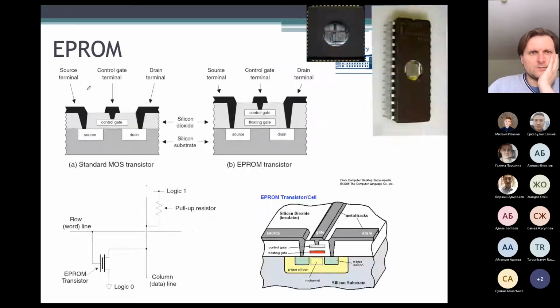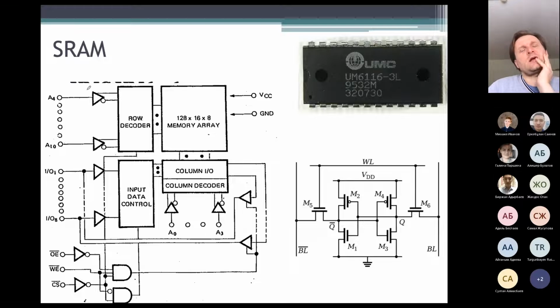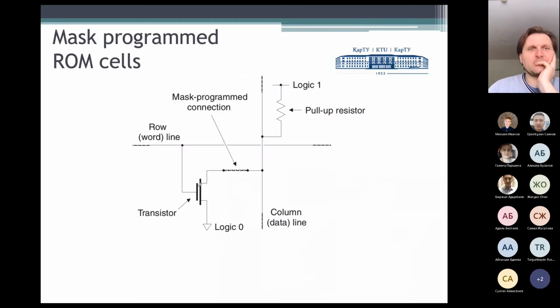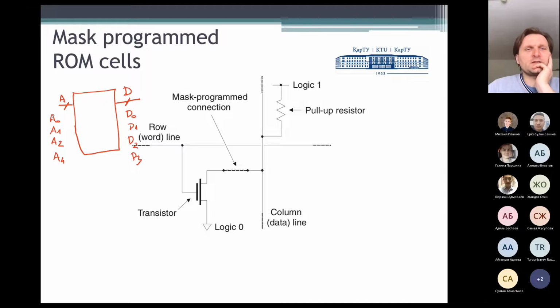Okay, in the ROM cell, read only memory, and also in RAM, random access memory, there is the same idea. We have some memory with address and data output lines. For example, the address is A0, A1, A2, A3, and data is D0, D1, D2, D3. 4 bits address position and 4 bits at the output.